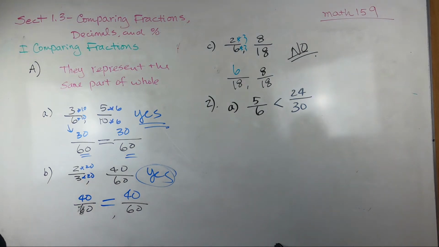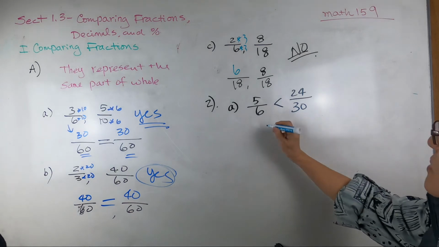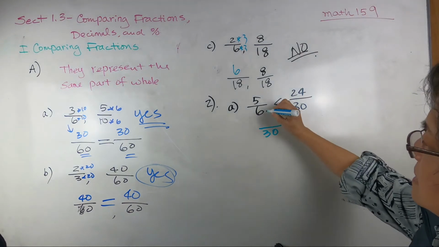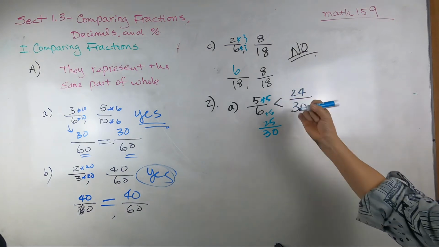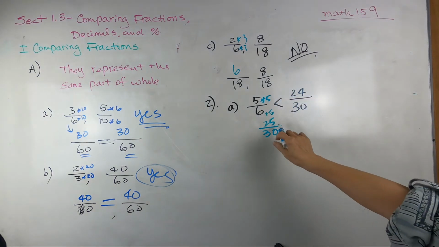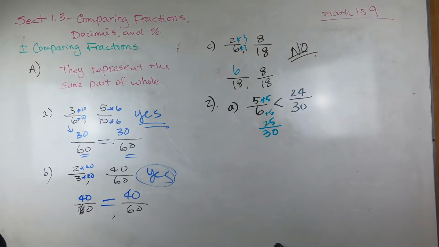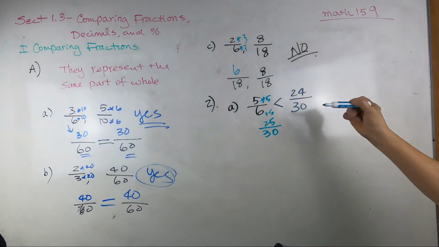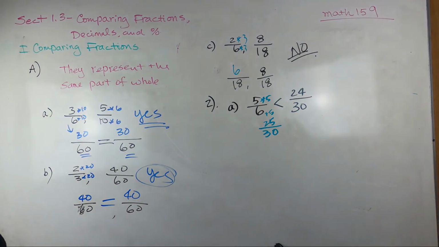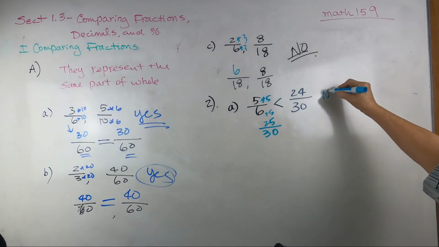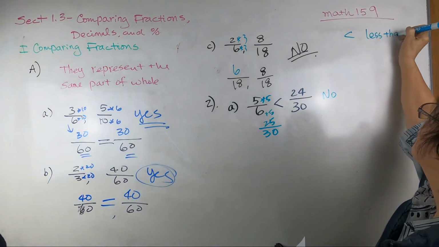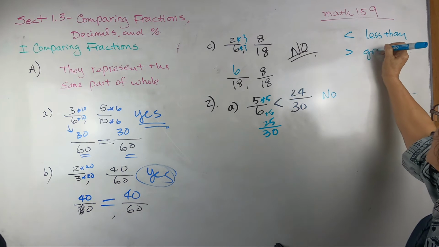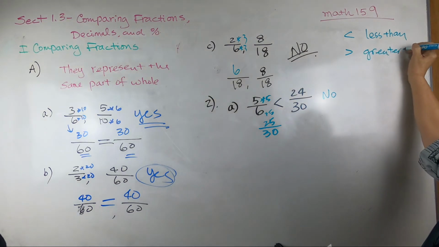For this one, both can use 30. So 6 times 5 is 30, and times 5 on top. Then 5/6 means you ate 25 out of 30 pieces. Then the other person ate 24 out of 30 pieces. Is this less than? No. Remember, this is less than. This is what? Greater than. Right?